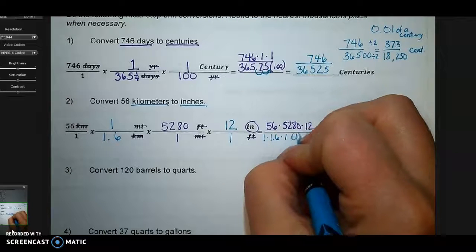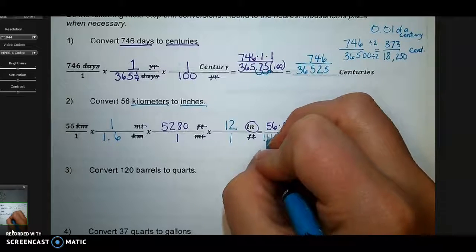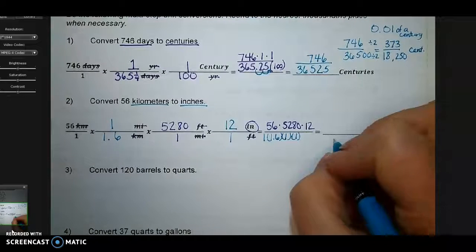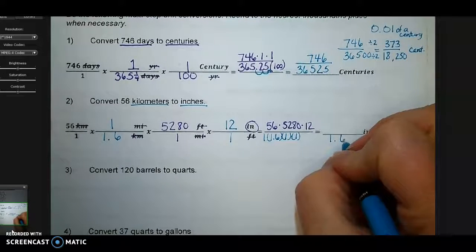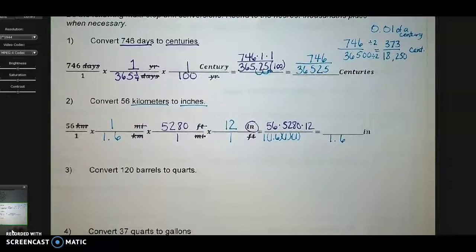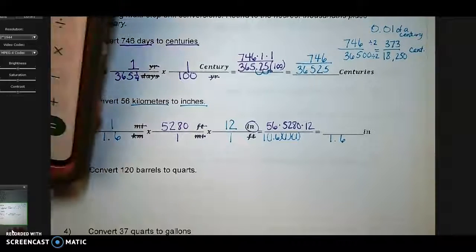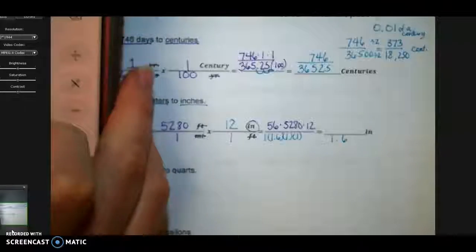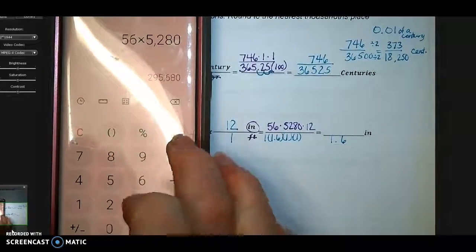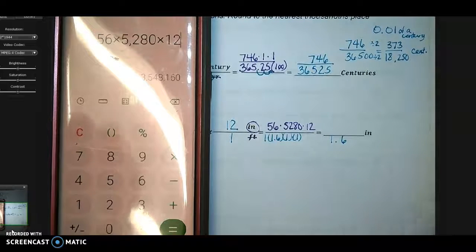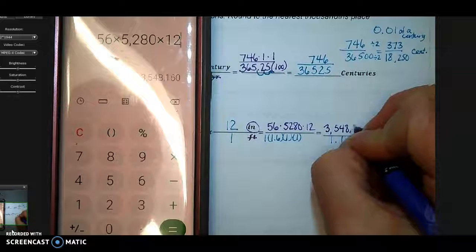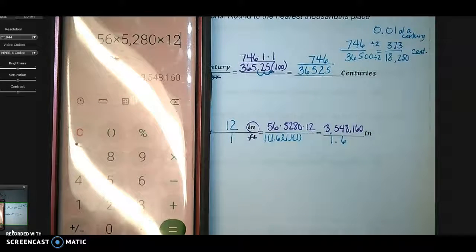Since I have that decimal, you might want to go ahead and use parentheses there so you're not confused by all those extra dots. So that will give me 1.6 on the bottom. And up at the top, I get 3,548,160.